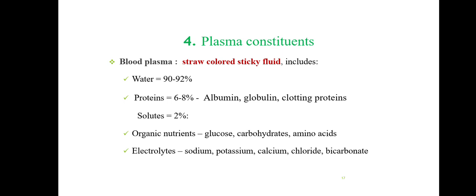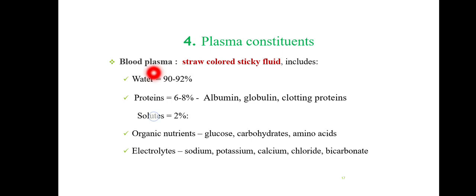In the proteins, we have albumin, globulin, and clotting proteins. And then we have solutes. Solutes are 2%. So basically, these are the major components of the blood plasma. Water is about 90 to 92%, proteins are 6 to 8%, and solutes are 2%.